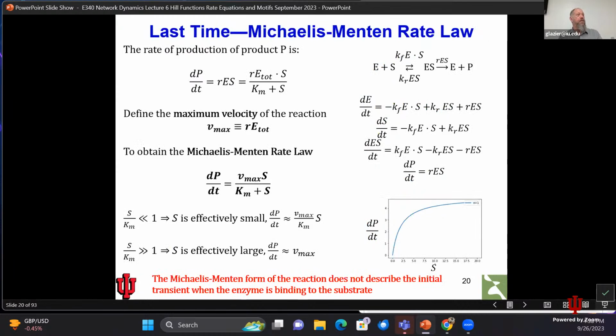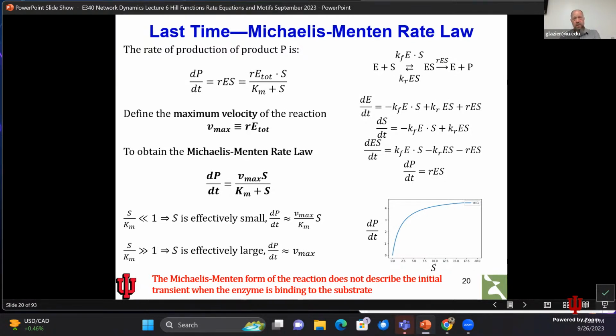In particular, we got the Michaelis-Menten rate law: the rate of production of the product is equal to the rate of reaction times the total amount of enzyme times S, the amount of substrate, divided by the so-called Michaelis constant, capital Km, plus S. If we define the maximum velocity of the reaction, then the rate of production of product is Vmax times S over Km plus S.